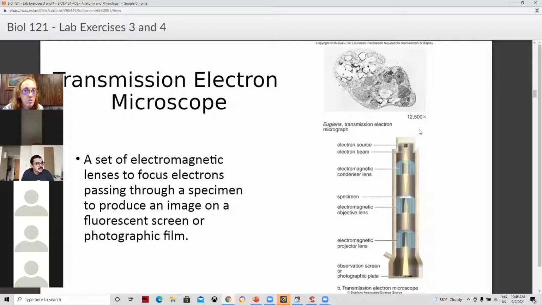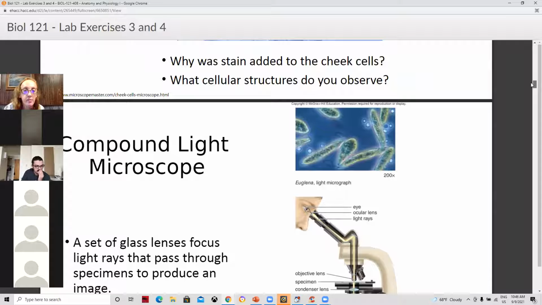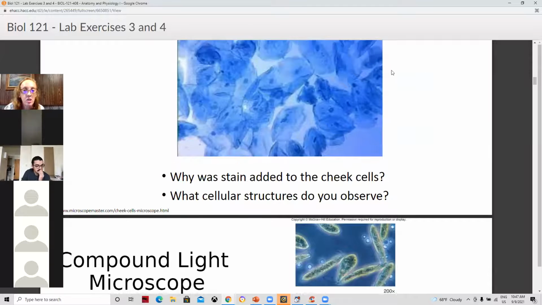So we can see structures inside the cells that we can't see with a compound light microscope. You see, here's our slide.